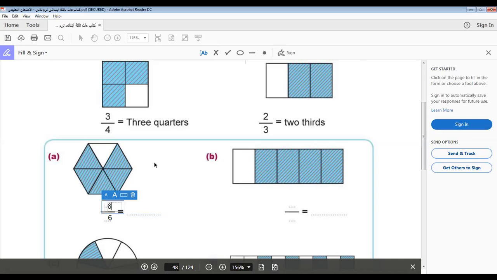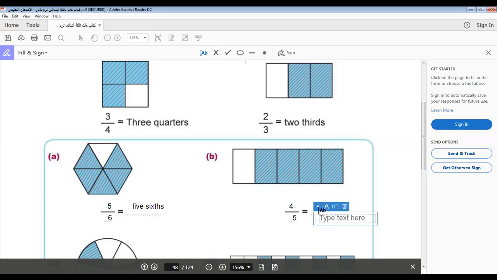So it is 5 over 6, or in letters, 5 sixths, just like that. Second one, how many equal parts do I have? 1 2 3 4 5. And how many fifths? I have just 4 blue parts.